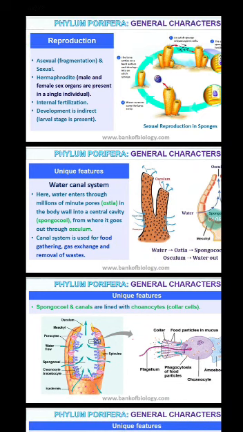And the water enters through these ostia, through these pores, into a region called the spongocoel. These poriferans are commonly called sponges. Right, they look like our bath sponge. Okay, so they are called sponges.